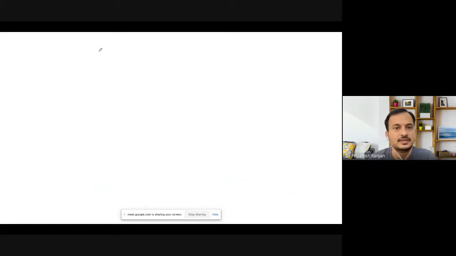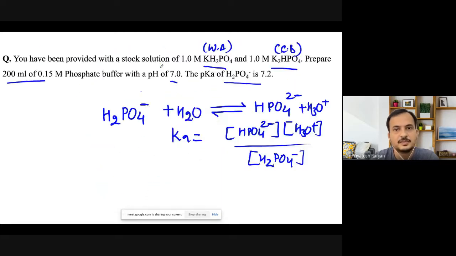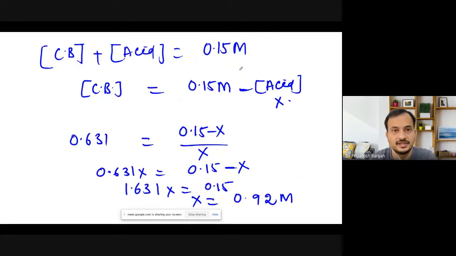I got the value for the concentration of acid. What is my acid in this case? It is KH2PO4. I can write it as H2PO4 minus.